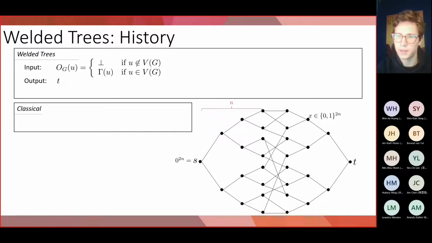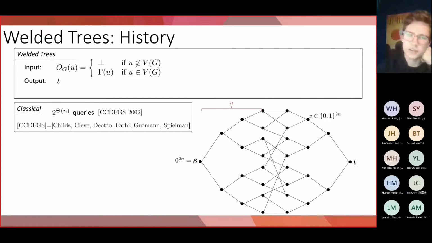Classically, because such a negligible fraction of all bit strings actually corresponds to a vertex, there isn't much better to do than start at the beginning and try to random walk yourself through this graph.